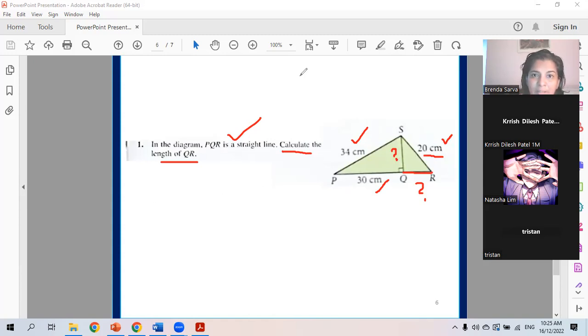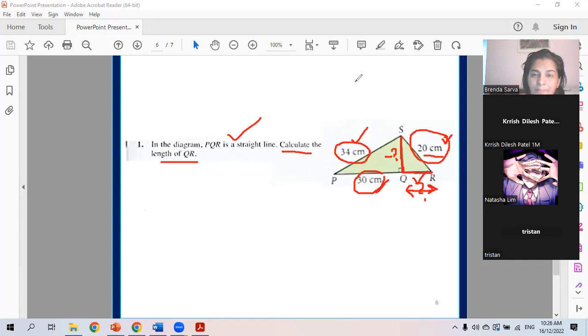So the first triangle, if you want to find what is QR, you can. But you must know what is QS. Then you can take 20 squared and minus QS squared and you can get this fellow. But you don't even know what is this. However, you can find out what is this because they have given you the other two sides for the other triangle. Do you understand now?